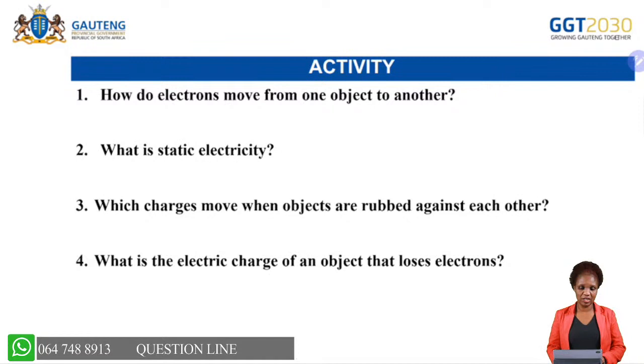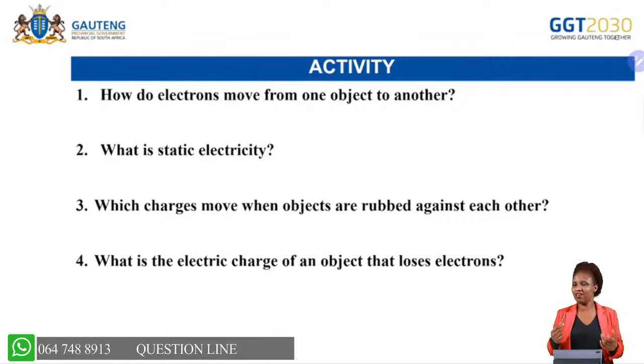For example, let's look at question number 1. How do electrons move from one object to another? Remember, we are doing static electricity, energy transfer. If you take a glass rod and a silk cloth and rub them against each other, that is friction.